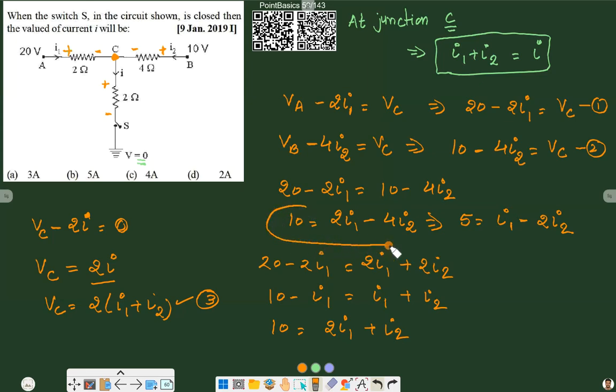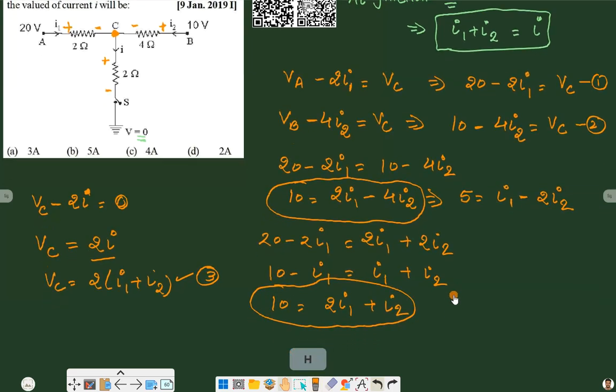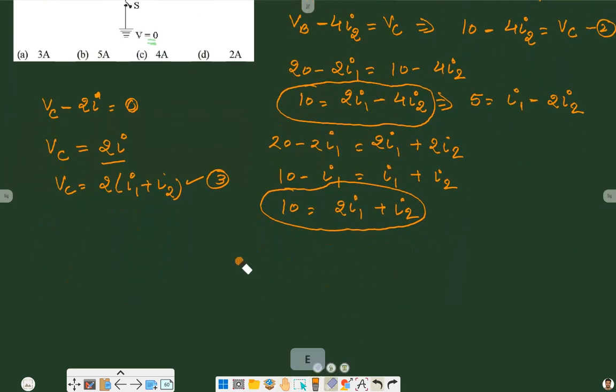We have another equation here, and we have this one. Let's use both of these equations. So the first one is 10 is equal to 2I1 minus 4I2.